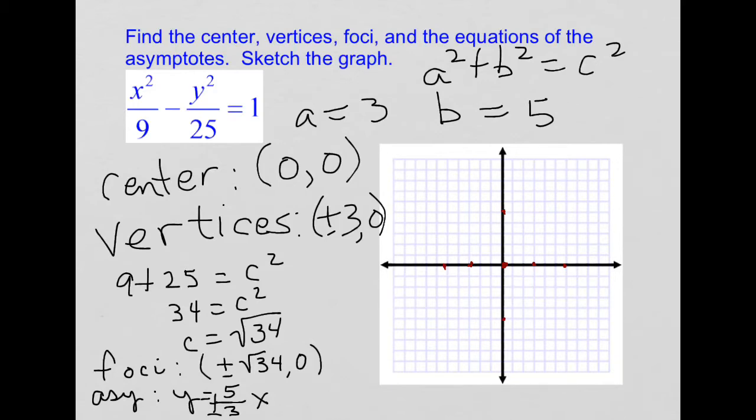Now the easiest way to graph our asymptotes is to make a little box using the vertices. And we know the asymptotes are going to be the diagonals of that rectangular box.